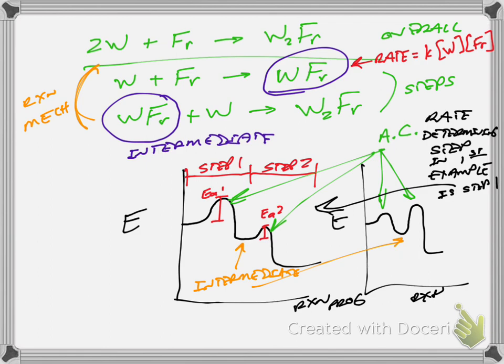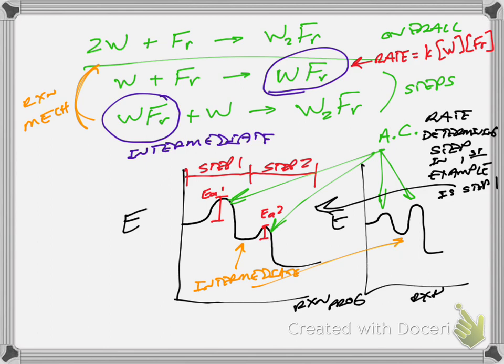We were looking at this kind of fake reaction mechanism of making bicycles. And we said if the first step is the slow step, then that's what we call the rate determining step. And of course, it's because nothing else can proceed faster than whatever's running the slowest.